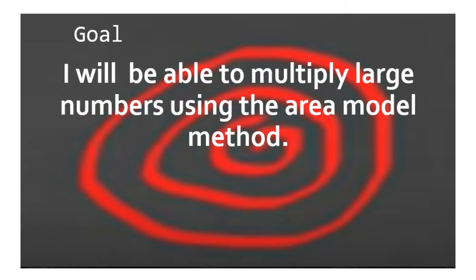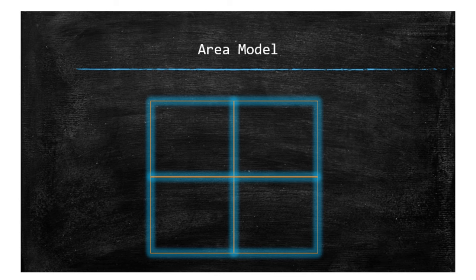Okay, so our goal for today is to be able to multiply large numbers using the area model method. And the area model method is great for people that need to visualize the problem like myself. We've done basic facts on multiplication, and we know how to multiply those numbers using the standard method to create a product.